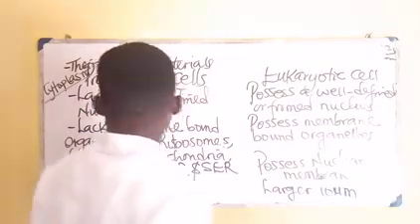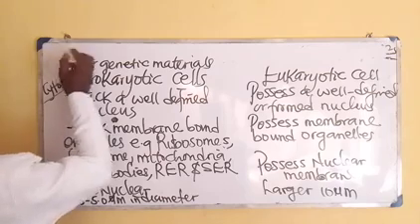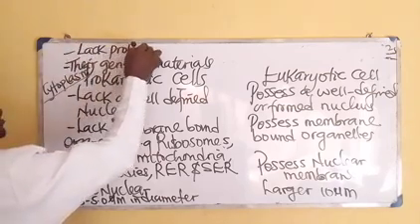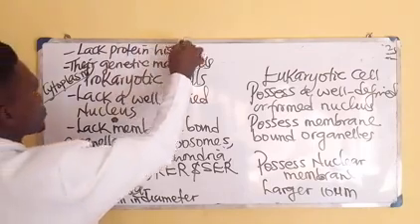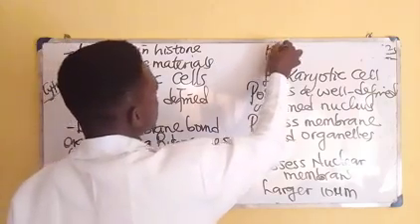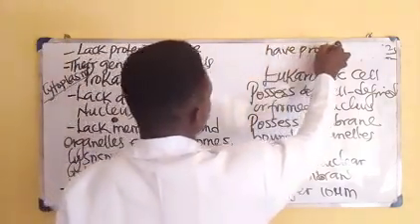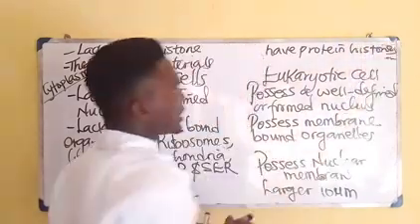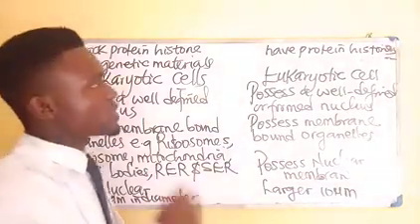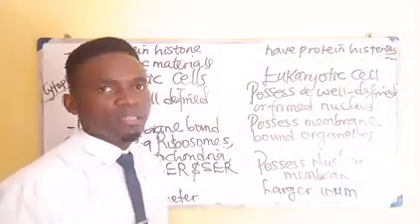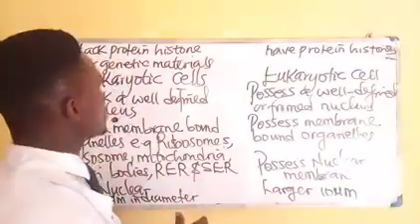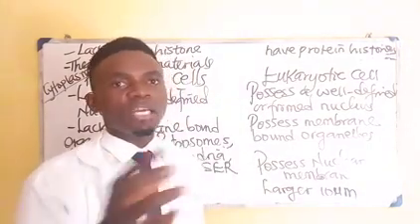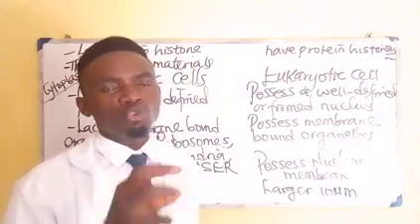Hope that is clear. Another difference is that the prokaryotic cell lacks protein histone, while eukaryotes possess protein histone. Protein histone is a type of protein that the DNA wraps around itself to form chromatin.